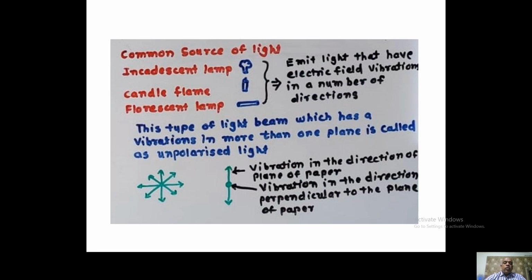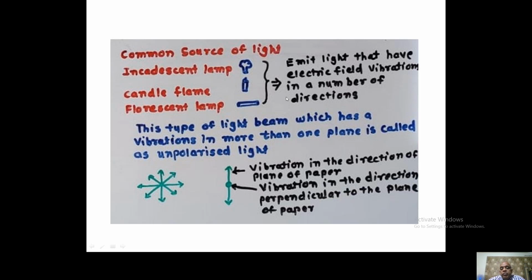Now the common sources of light are the incandescent lamp, candle flame, and fluorescent lamp. All these sources of light emit electrical field vibrations in a number of directions.